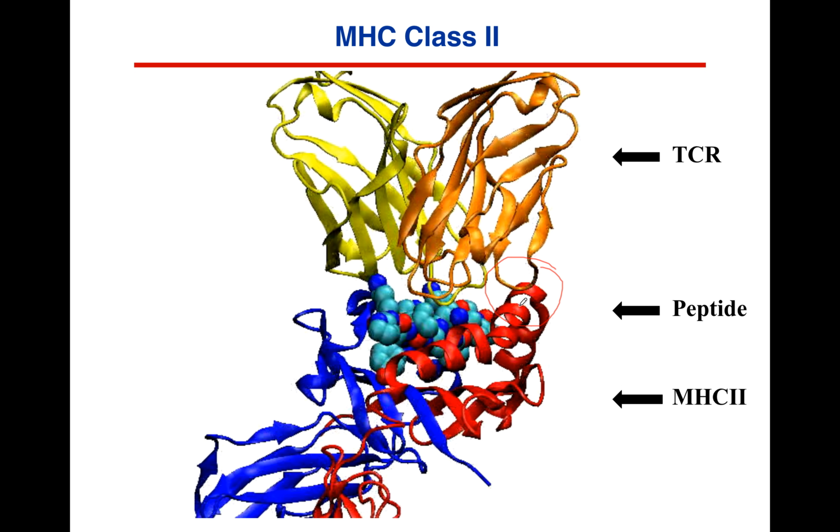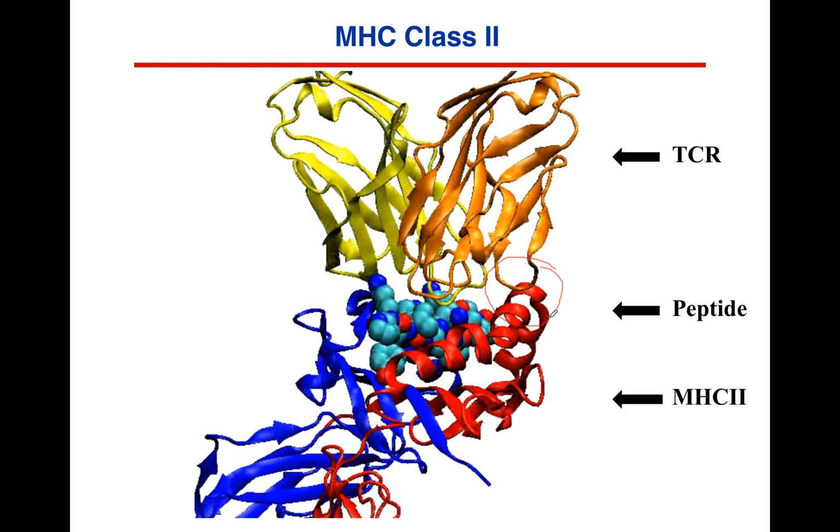So the MHC2, as we'll see later, there are many variants of the MHC2 because there are many different types of peptides. It needs to be able to bind to many different types of peptides. And as a consequence, there's also many variants of T-cell receptors, and they look to bind not just the peptide, but also the MHC2. And so it's a double recognition in which the T-cell receptor binds to the peptide, and it also binds to the MHC2.